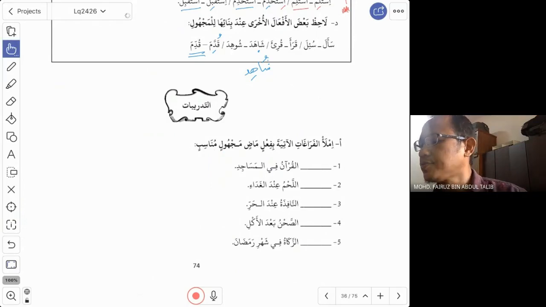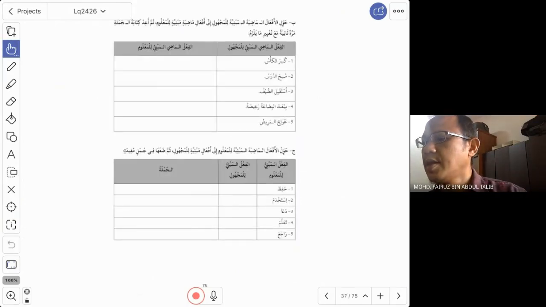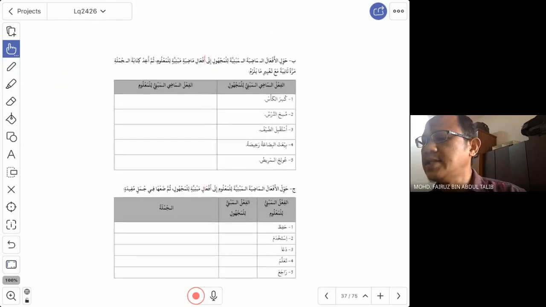Number 2. This is easy. This is just to change the fi'il. You change the fi'il mabni lil majhul to mabni lil ma'lum. So this is the opposite. When you do this, of course, since here they don't mention any fa'il, here you need to mention a fa'il.